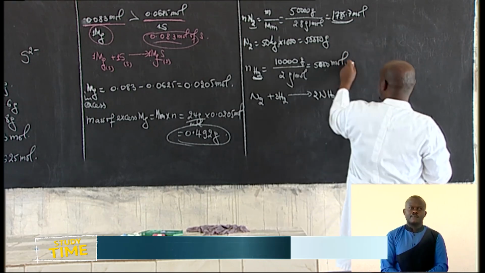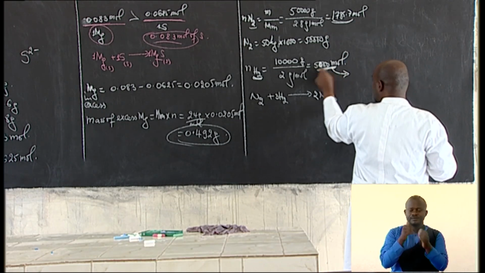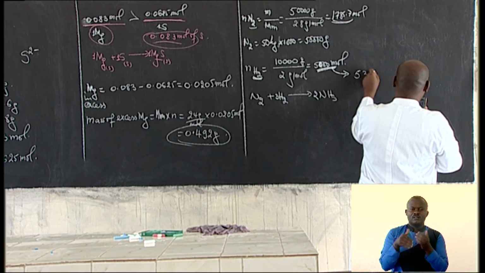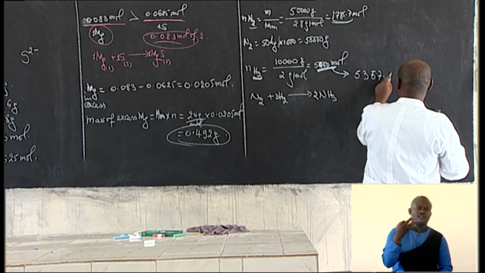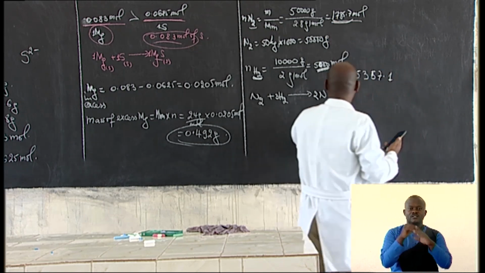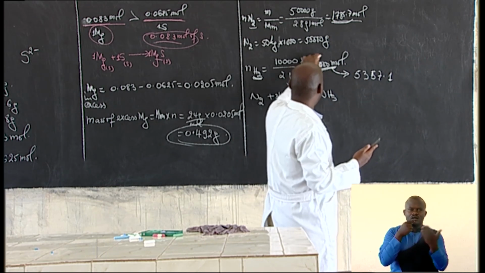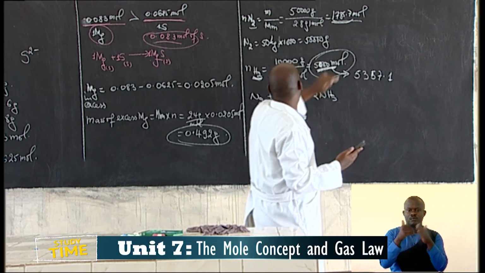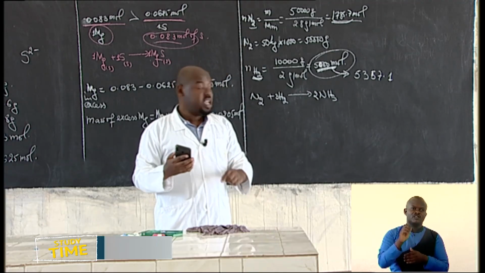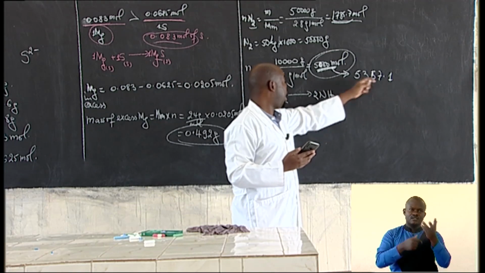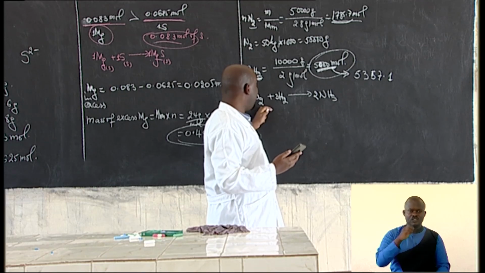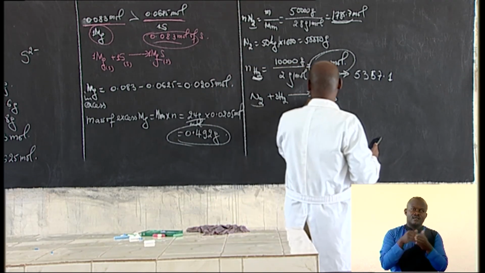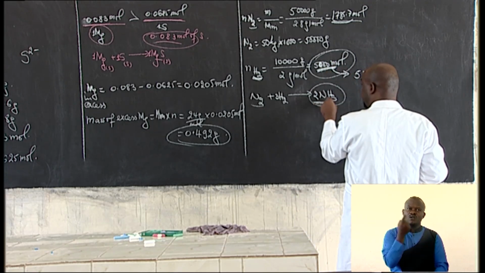So what we need to react with this is 5,357. If you multiply this by 3, we have more hydrogen than we need. So the amount of nitrogen will be the limiting reactant. And the limiting reactant is the one to govern the production of this one.